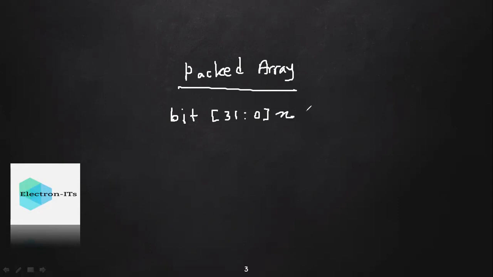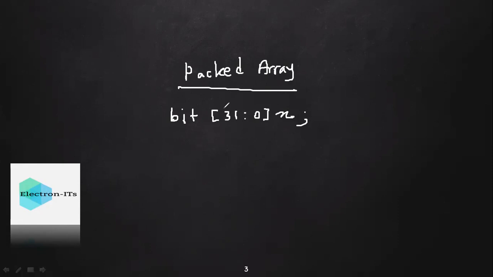So this is how we can declare the packed array. In a packed array you always declare the dimensions before the array object name. Here the object name is x, and before this x we declare the dimensions of that array. This is about packed array.